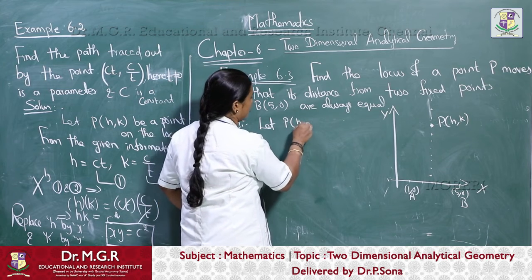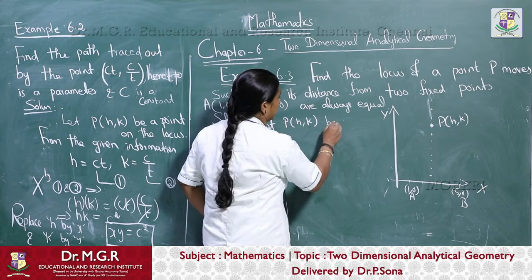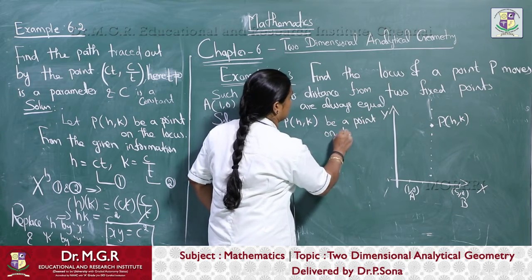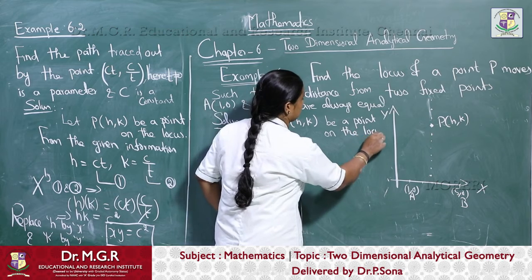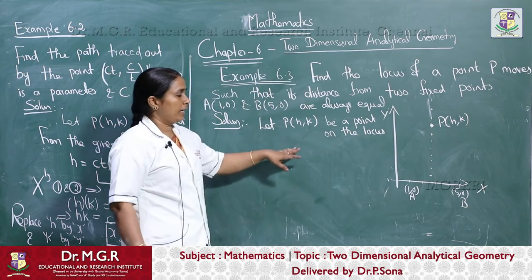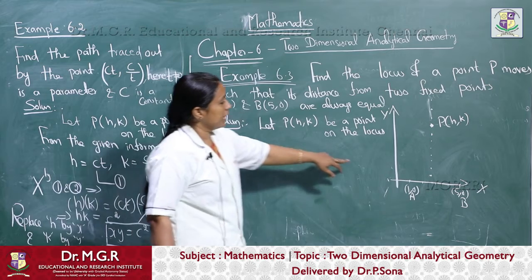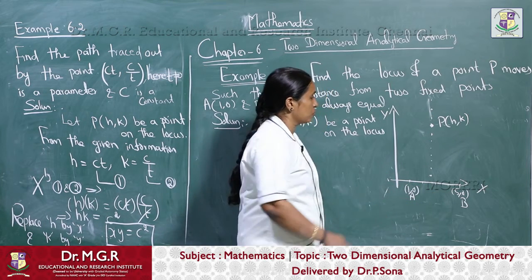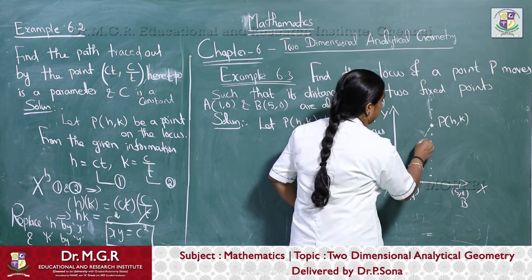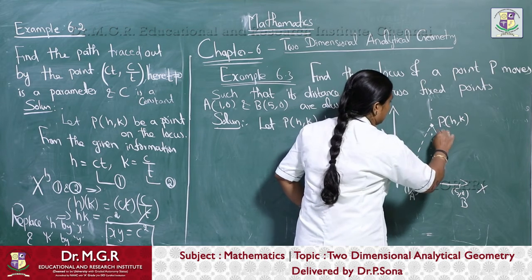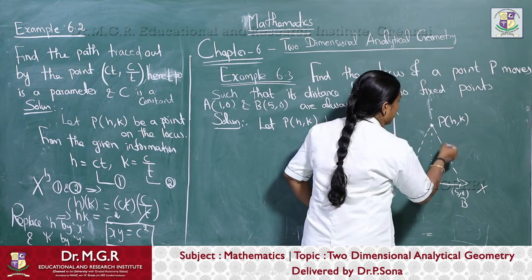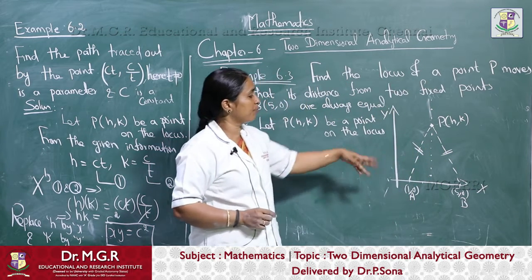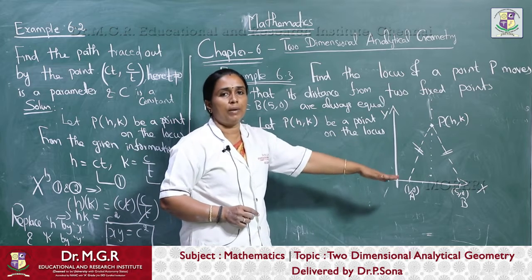Let P(h, k) be a point on the locus, which is equidistant from these two points, so we can connect this point and this point. We can say this distance and this distance are equal, that is, the distance PA as well as the distance PB should be equal.